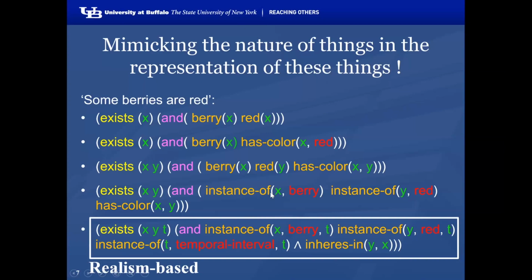So whenever you do realism-based ontology, you need to build yourself on a certain ontological commitment, which is what are the sorts of entities that you accept that exist in the world and that you want to represent. And the more detailed that you go like this, the more you can express in your ontology, the better you can represent your relationships and so on.